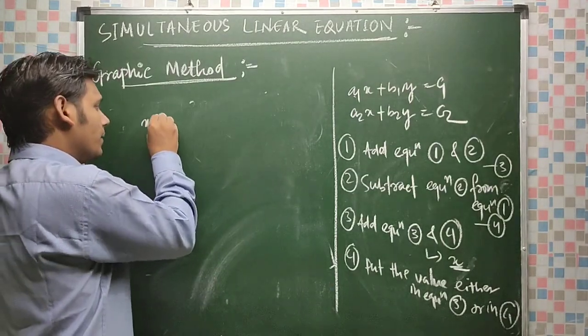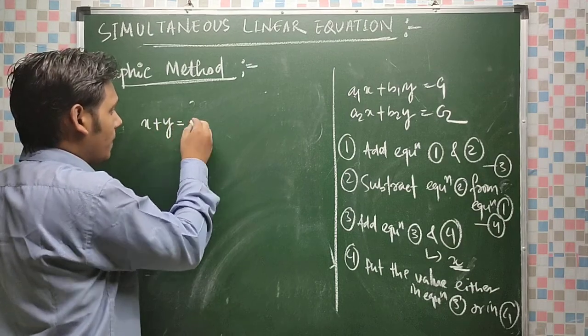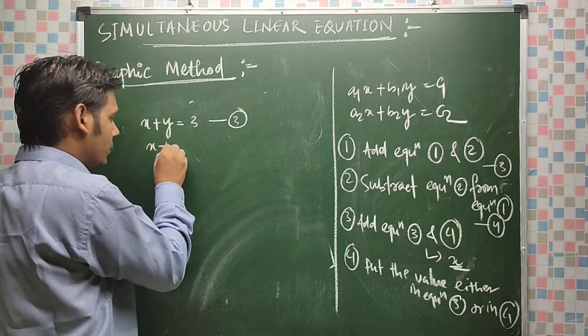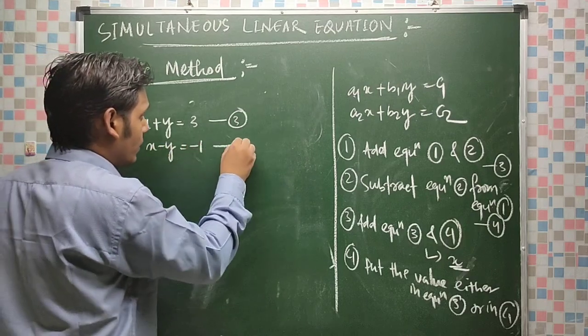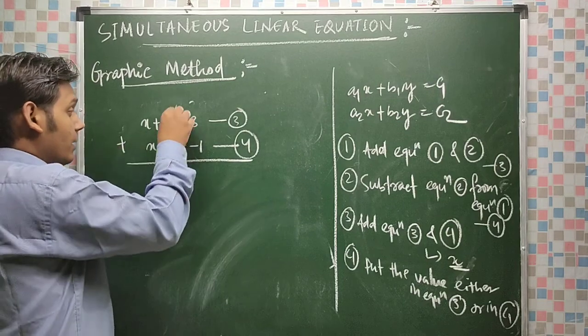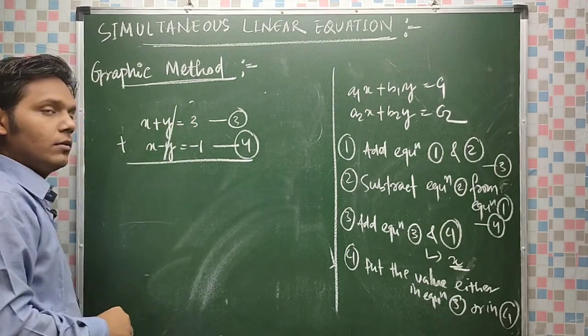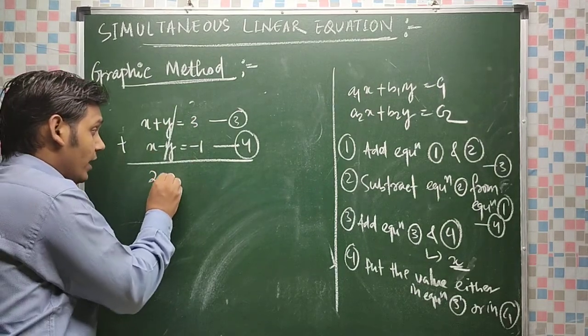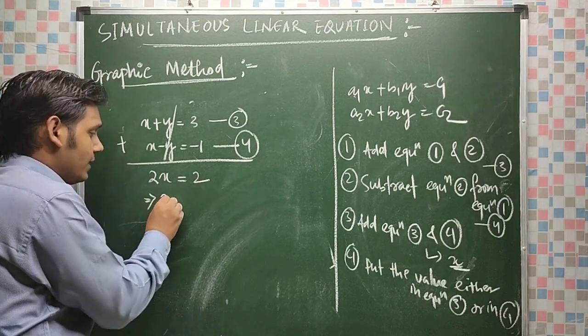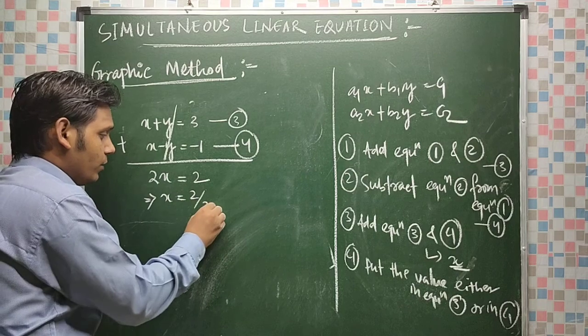x plus y is equal to 3, equation 3, and x minus y is equal to minus 1, equation 4. Now simply by adding, plus y and minus y cancel. Now it is 2x is equal to 3 minus 1, that is 2. x is equal to 2 by 2, that is 1.